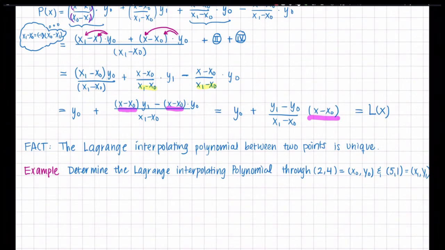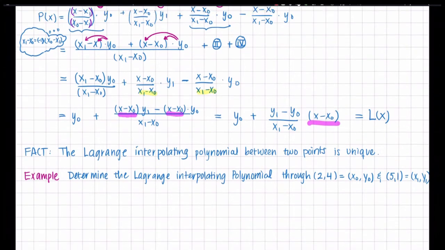They were the plus minus of the same term. And I'm going to go ahead and write it out. P of x is equal to x minus x1 divided by x naught minus x1 times y naught, so that when you plug in x naught you get y naught, plus x minus x naught divided by x1 minus x naught multiplied by y1.